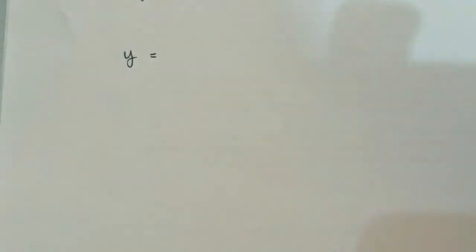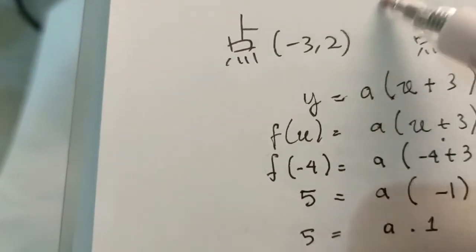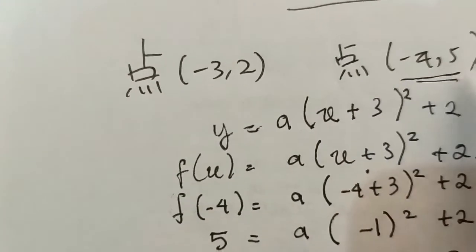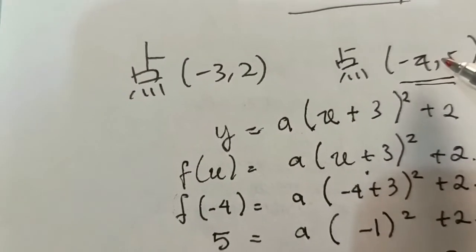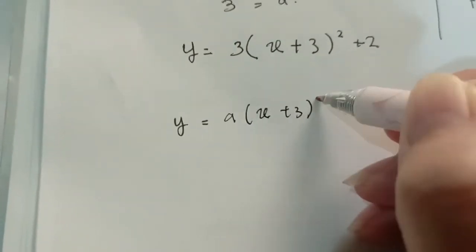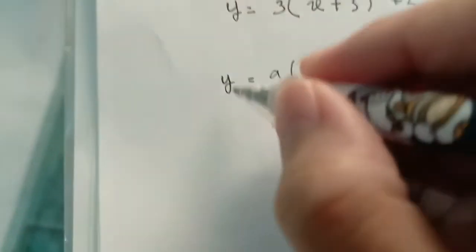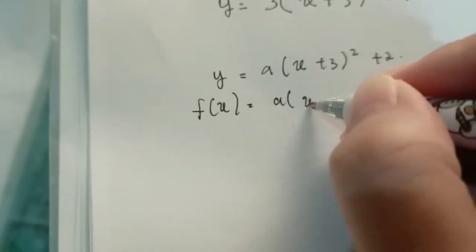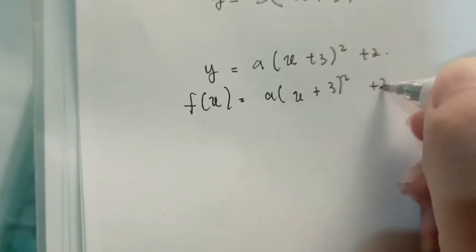Now maybe you are thinking why we are not using this vertex to find a. Instead we are using the coordinate which is run through by the parabola. Let's try. Y equal with a in the bracket x plus 3 squared plus 2, right? Now we try to use the vertex. Can we use the vertex? Now let's find it out. f(x) equal with a in the bracket x plus 3 squared plus 2.